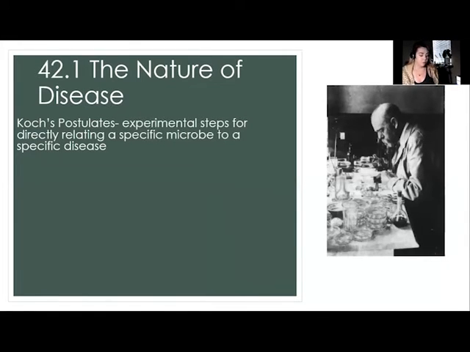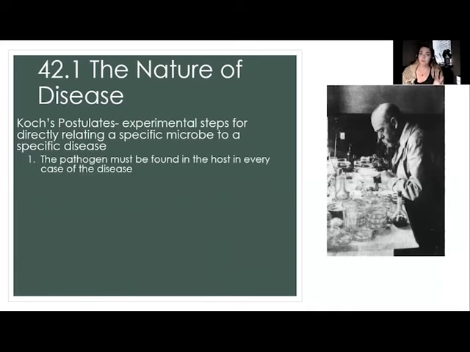Now, based on what he observed, Koch developed 4 postulates. Koch's postulates are essentially experimental steps that can be used to prove that a certain microbe is causing a specific disease. The first thing one must do is observe the pathogen in the host of every infected organism.